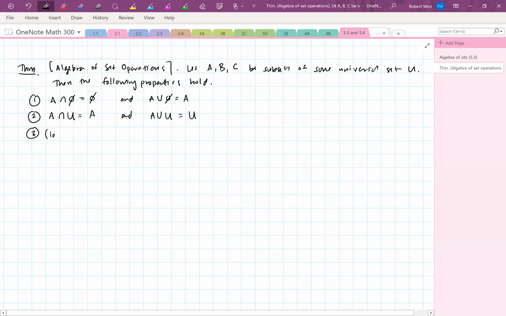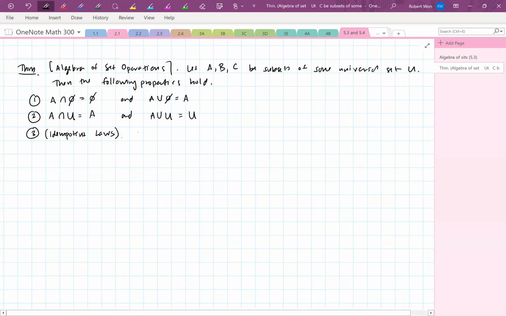Okay, 3, this is called the idempotent laws. So what does idempotent mean? I think maybe this is actually Latin, rather than Greek. Idem means same, like identical. And potent means power, like potential or omnipotent. So idempotent means same power.